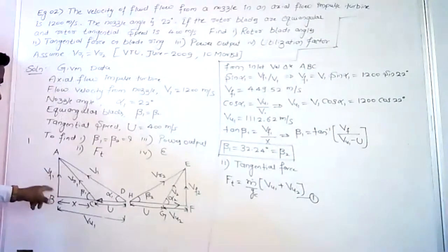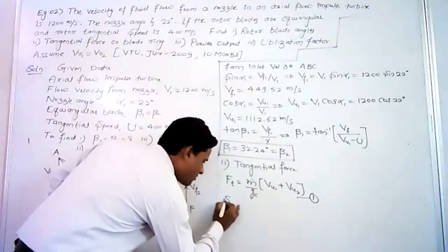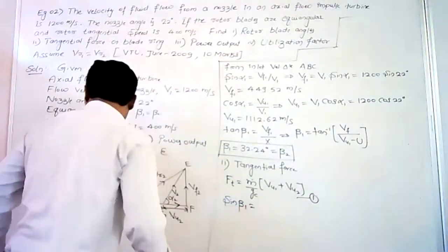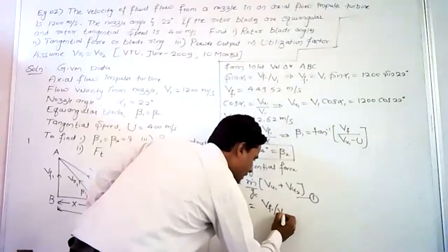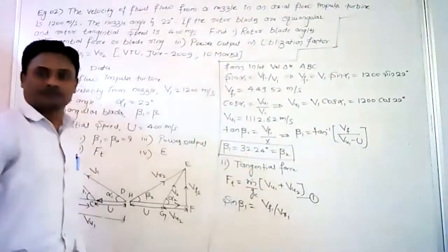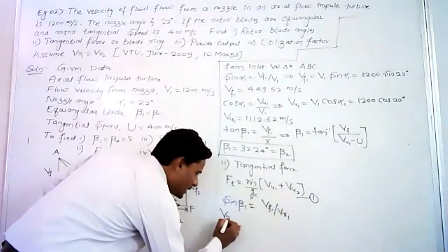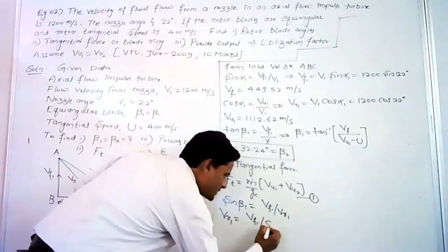Now from inlet velocity triangle ABC, you can use sine beta 1 equals opposite, which is VF1, divided by hypotenuse VR1. So VR1 equals VF1 by sine beta 1.